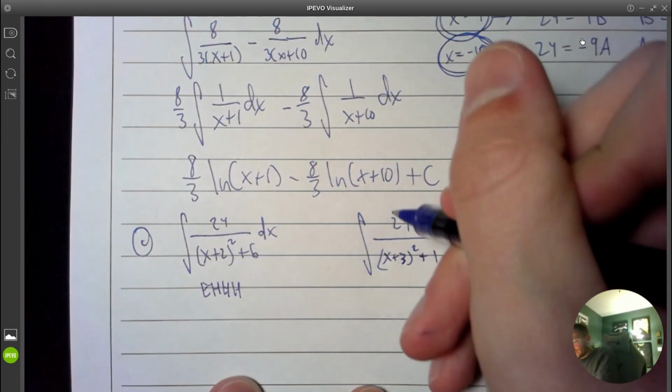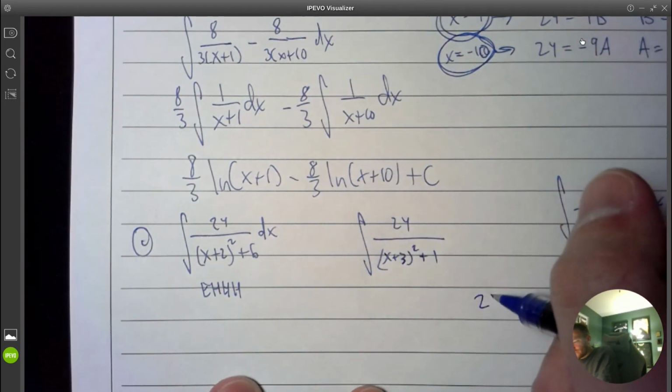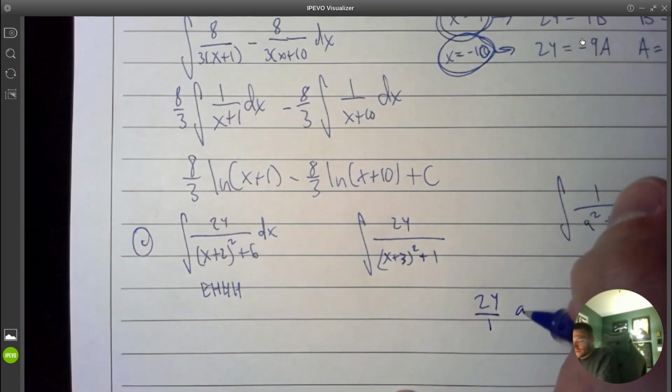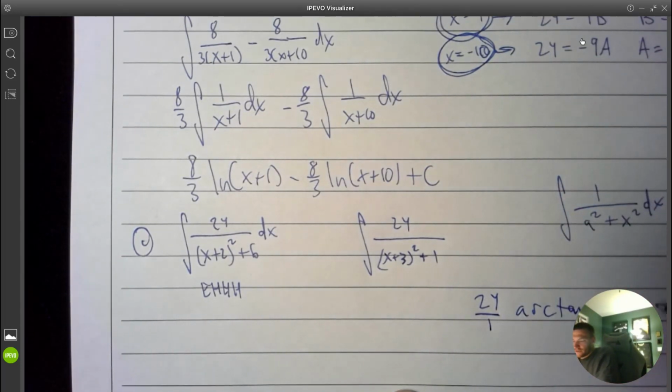This 24 is going to always be out there. The arctangent has the A on the bottom, but it's just a 1. So who cares? x plus 3 over 1, but who cares? So just 24 arctangent x plus 3 plus C.